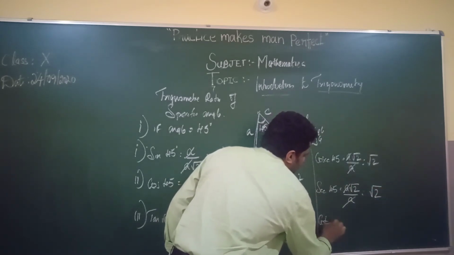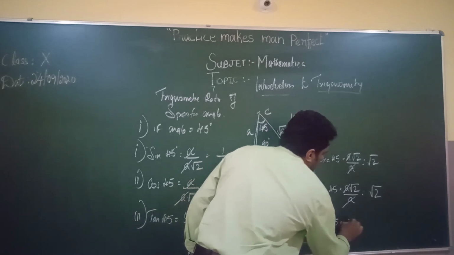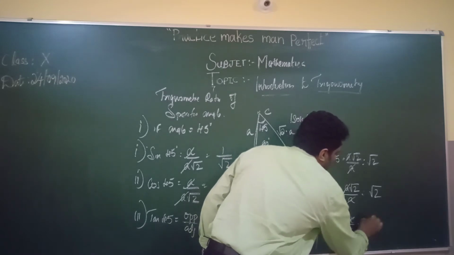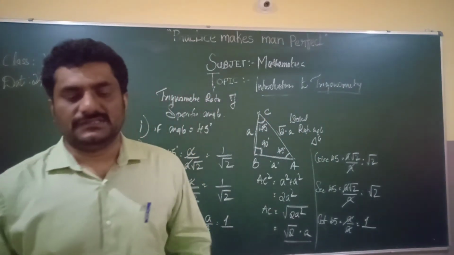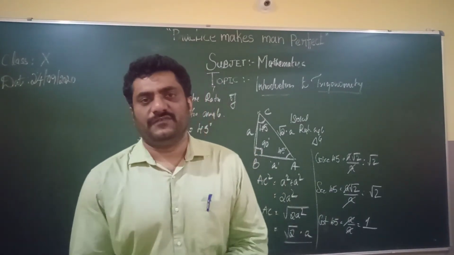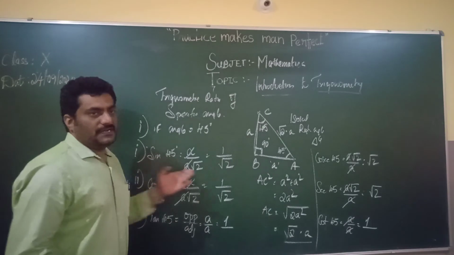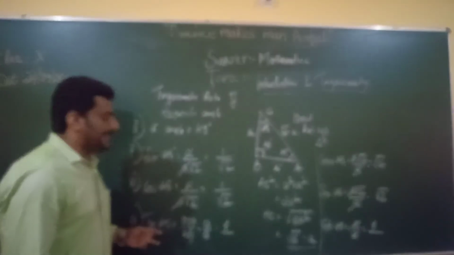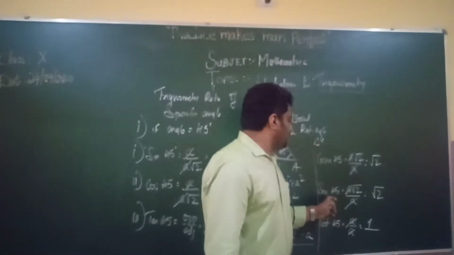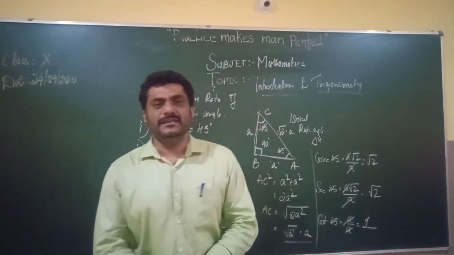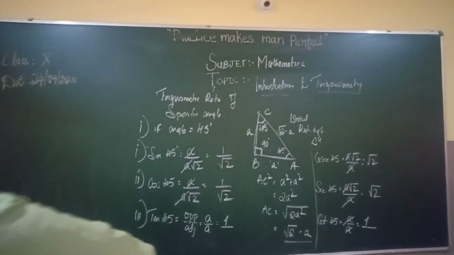And next comes cot 45, which is adjacent by opposite. These are the values of trigonometric ratios for angle 45. That is, sine 45 is 1 by root 2, cos 45 is 1 by root 2, tan 45 is 1, cosecant 45 is root 2, secant 45 is root 2, cot 45 is 1. This is how we find. Now let's do the next one.